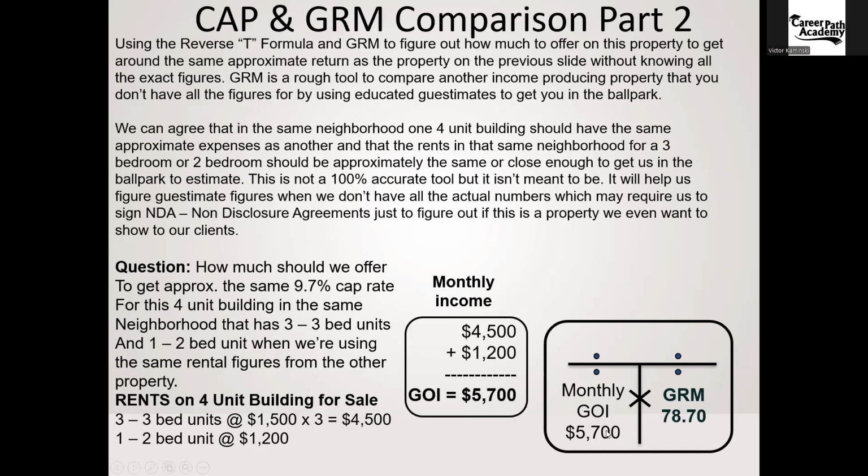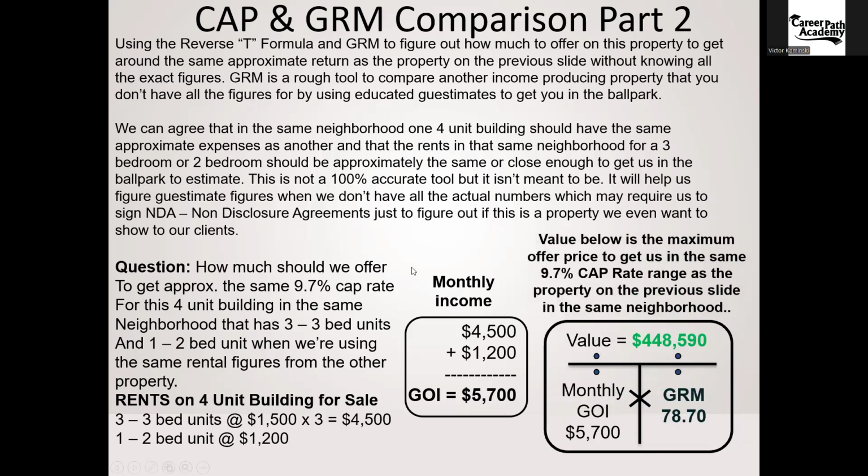So you take the gross monthly income of $5,700, times it by the GRM, and we should keep our offer price at around $448,590 to get us in that same 9.7% cap rate. If you offer more money than that, well, the cap rate starts coming down, that rate of return on your investment, right? So the value below is the maximum offer price to get us in the same 9.7% cap rate range as the property on the previous slide in the same neighborhood.